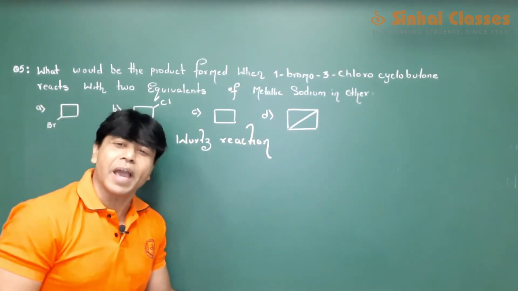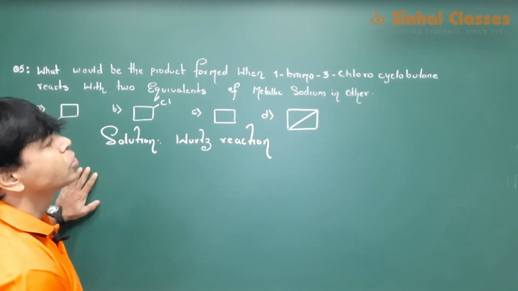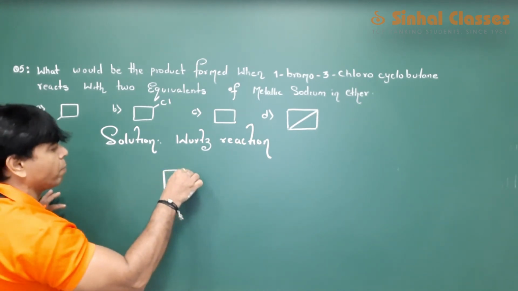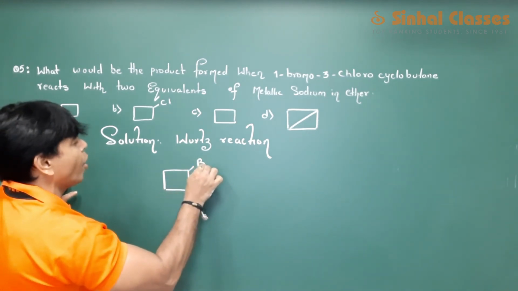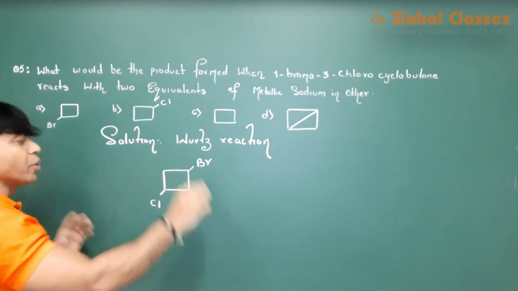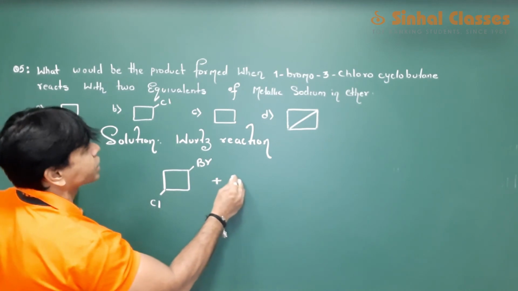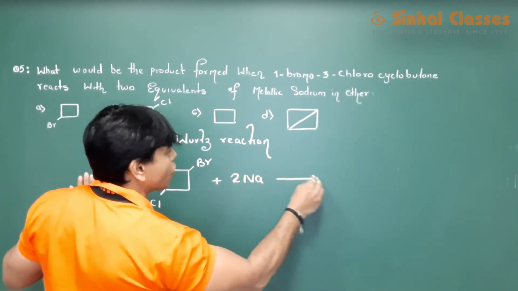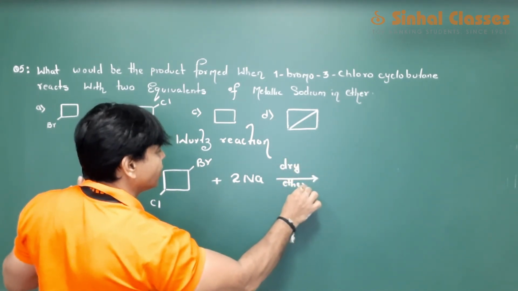In case of Wurtz's reaction, we take 1-bromo-3-chlorocyclobutane, treated with 2 equivalents of sodium metal in presence of dry ether.